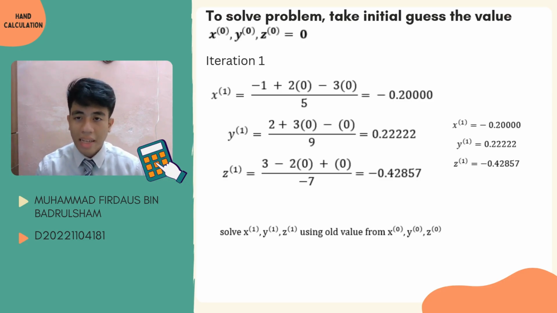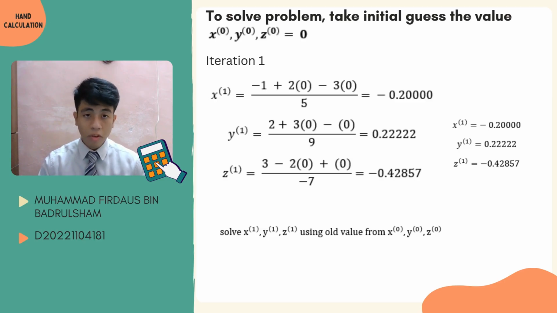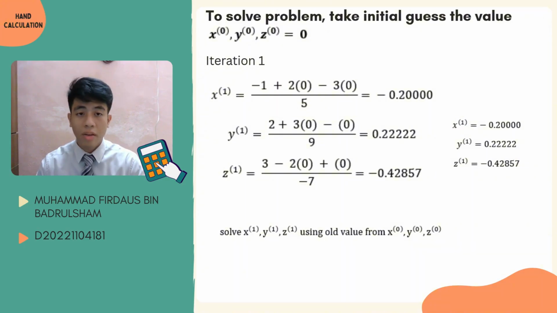When we do that, we get x1 equals negative 0.2, y1 equals 0.22222, and for z1 we get negative 0.42857. So for Jacobi, when we solve x1, y1 and z1, we need to use all the values from x0, y0 and z0.